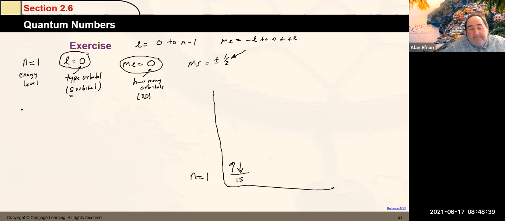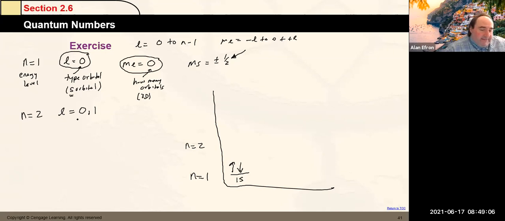So let's see what happens when we look at n is equal to 2. This is now the second energy level. If n is equal to 2, we can have an L value that is equal to 0 and 1. Again, n minus 1 is 2 minus 1 is 1. 0 and 1 is where we get those numbers.